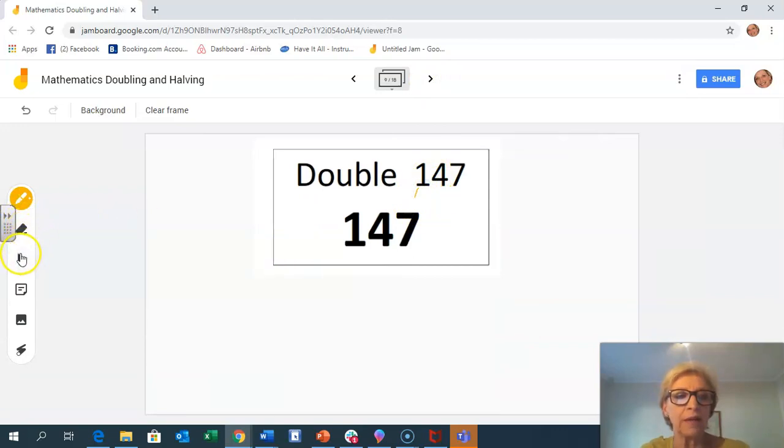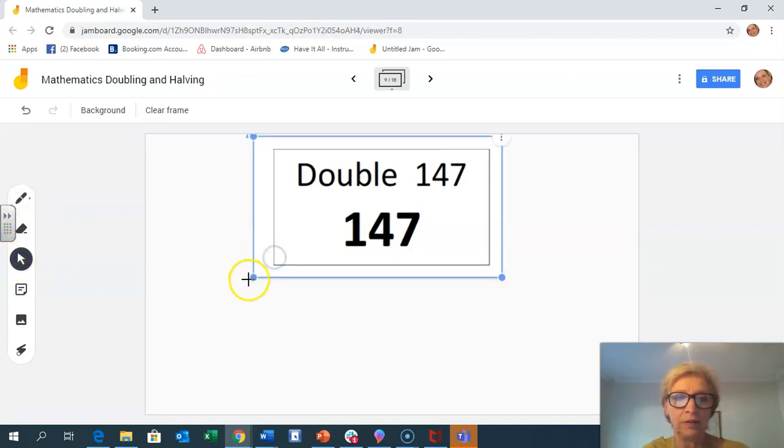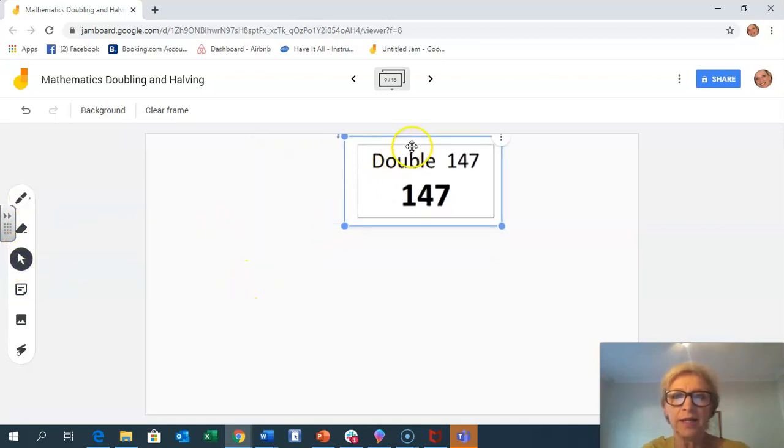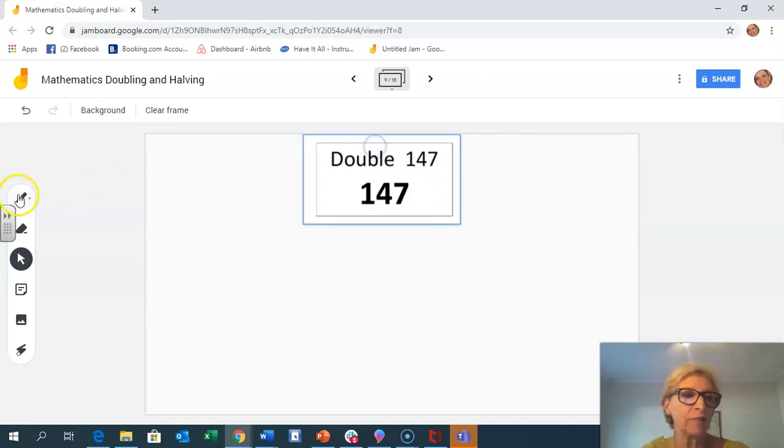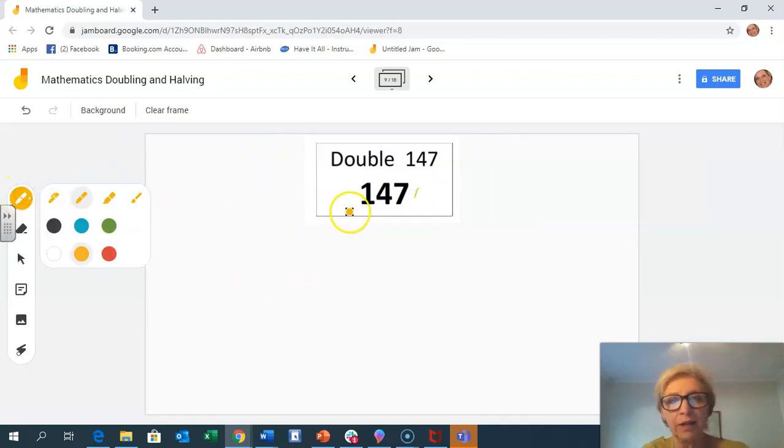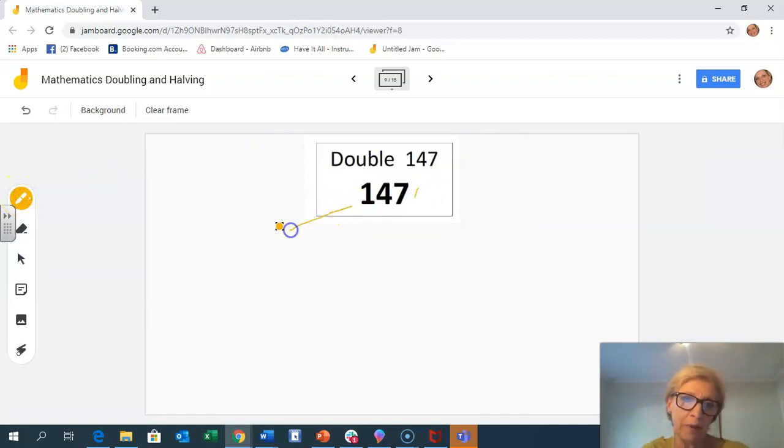I think we need to make this a little bit smaller. Let's double 147. And remember, we're going to split our number up, decompose it, in other words, break it up into 3 separate numbers, 100 plus 40 plus 7, which makes it so much easier for us to double.